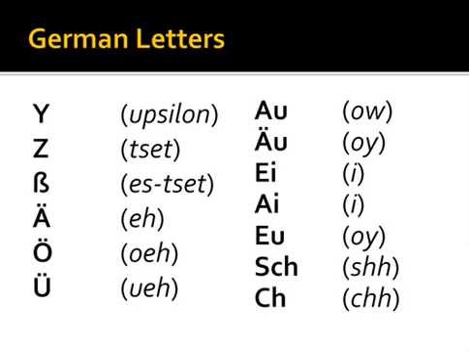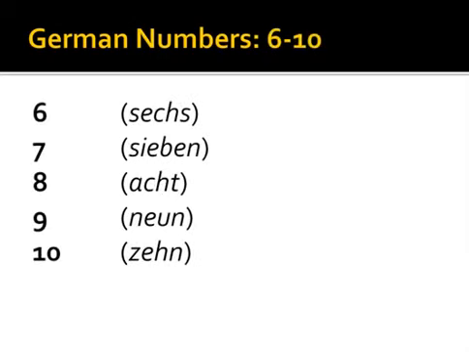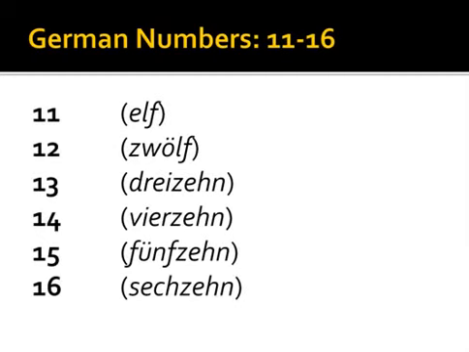Let's move on to look at German numbers. So what we have is 1, 2, 3, 4, 5, 6, 7, 8, 9, 10, 11, 12, 13, 14, 15, 16.